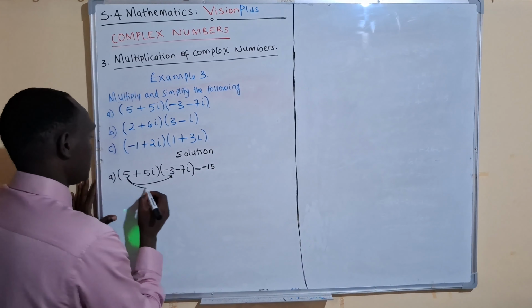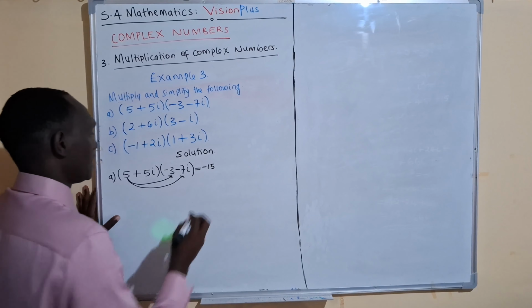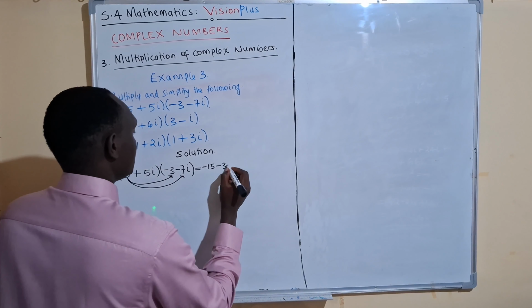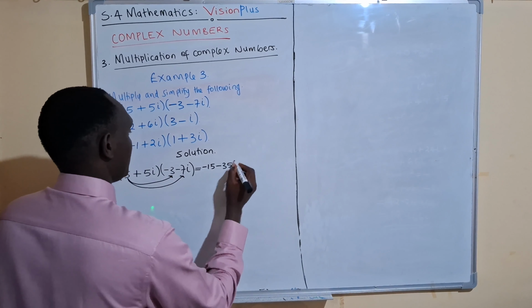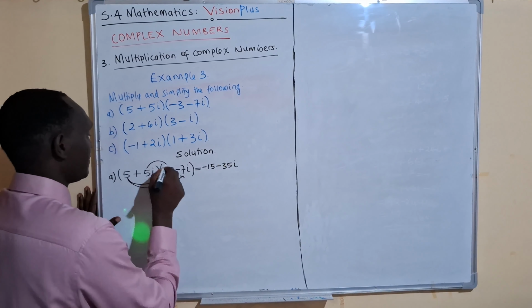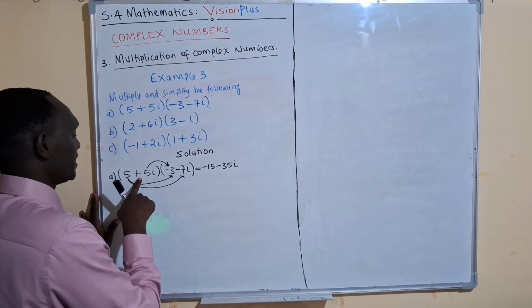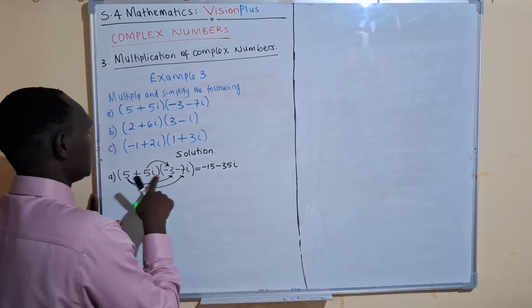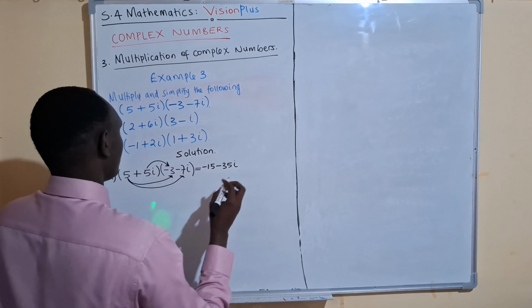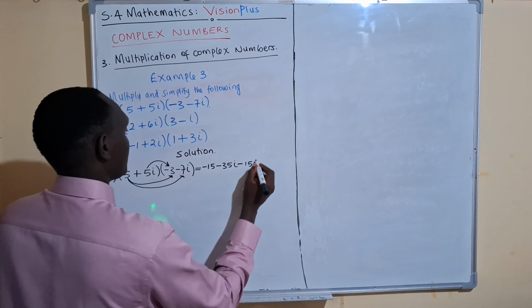Again, 5 times the next term, which is -7i, that gives us -35i. Now 5 is done, so we come to 5i, which is positive here. So we can just say 5i times -3 gives us -15i.